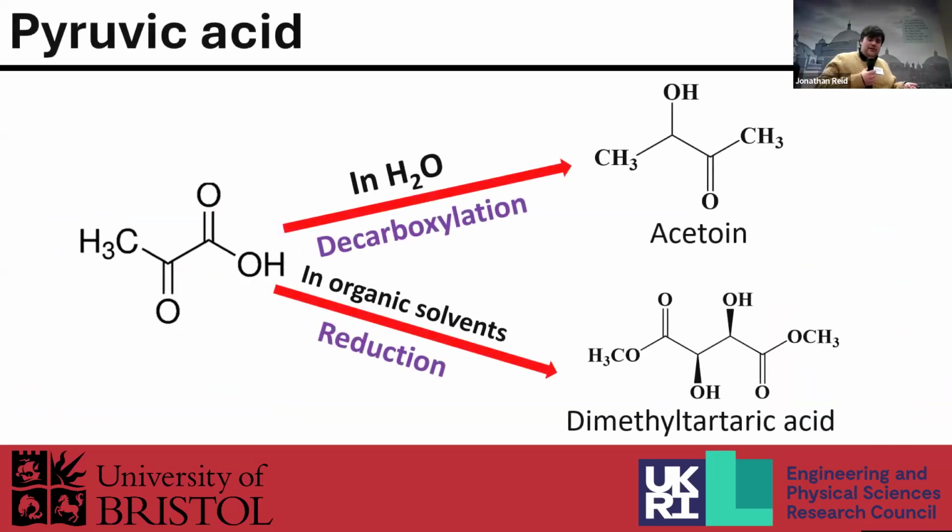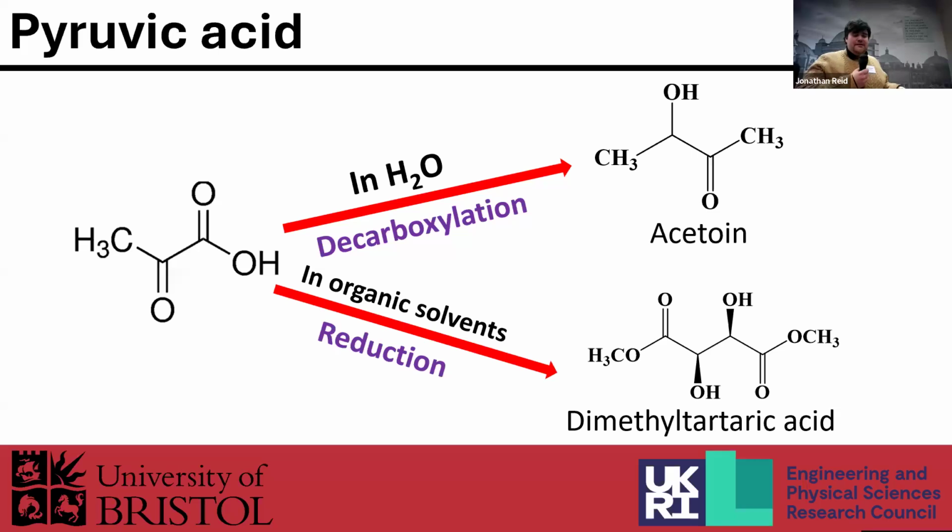Pyruvic acid is of interest to us because it is an environmentally dependent molecule. Depending on which environment it is in, it will react differently. For instance, in water it decarboxylates, and in an organic solvent it reduces.